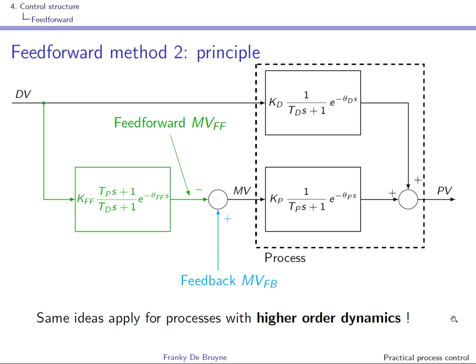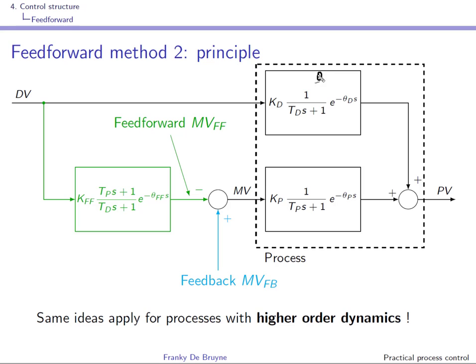And again, this is what you obtain when both the disturbance dynamics and the process dynamics are described by a Broida model. Well, let us use this to look a little bit at the intuition.